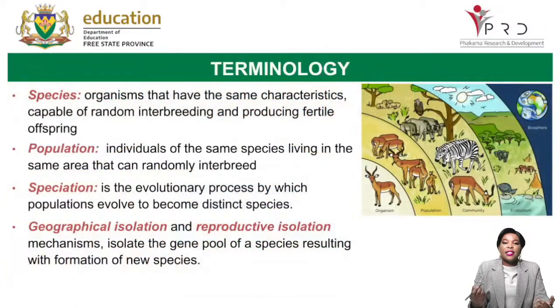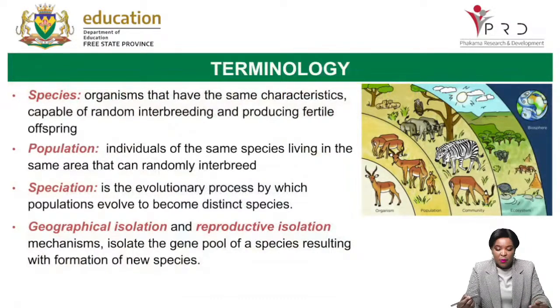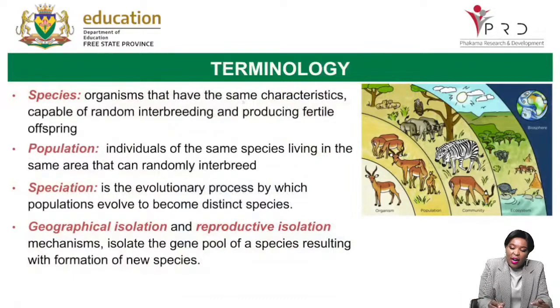Then there is terminology that you need to take note of. From grade 10, you were defining species and population. So let us take a look at the differences. When you are talking about organisms of the same species, you are saying these organisms have the same characteristics. It must have three things.